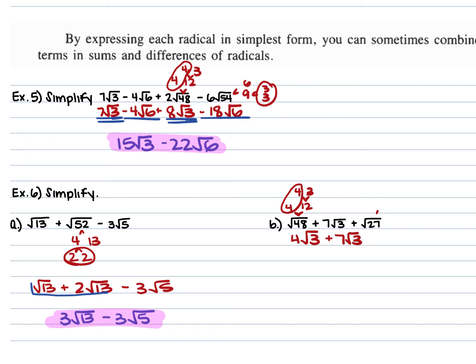That square root of 27 is 9 times 3. The 9 is 3 times 3. So that becomes 3 square root 3. These are all like terms. So we're going to do the 4 plus 7 plus 3, which gives us 14. We keep the square root of 3 with it. So we just have 14 square root 3.